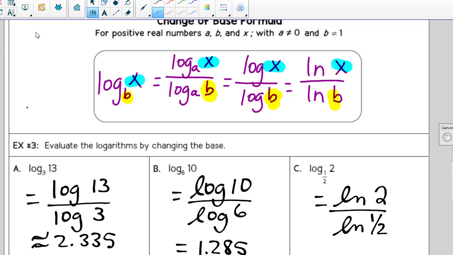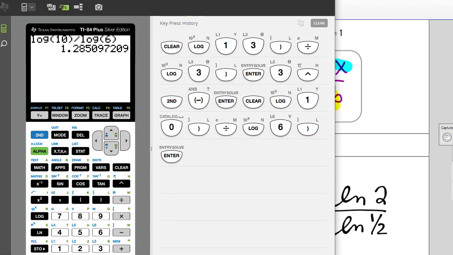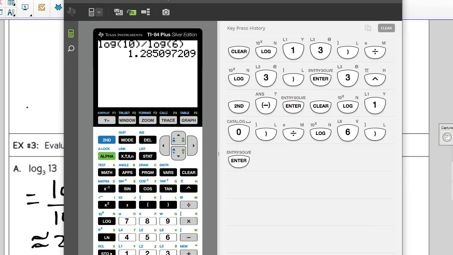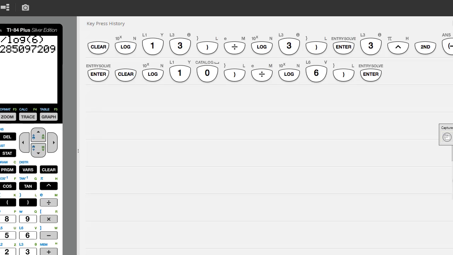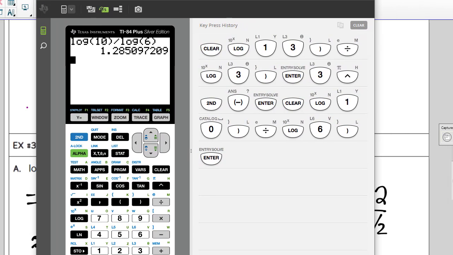The answer should be the same whether you use natural log or log base 10. Okay, we got some problems. Let's see. Okay, let's do it on the calculator. Use a decimal where?